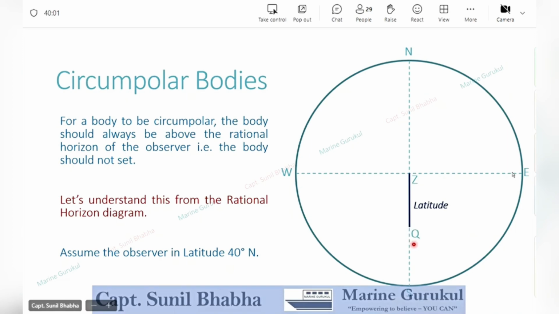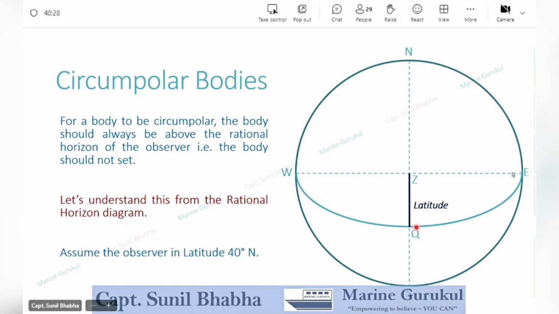It is represented as point Q in the rational horizon diagram. We are aware that equinoctial always passes from west and east points. So now we know that the equinoctial will pass from W, Q, and E. And we can now show the equinoctial in our diagram. We have the equinoctial here.